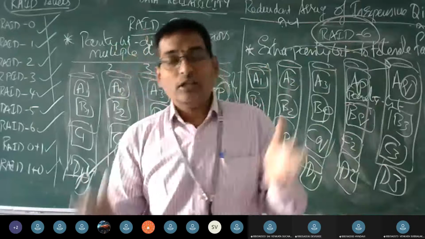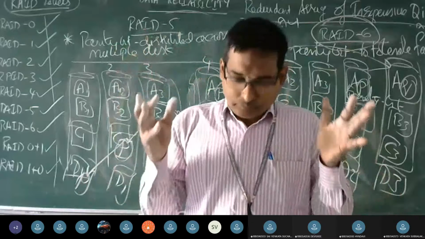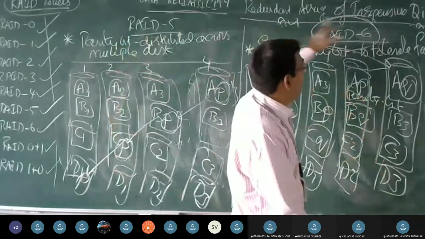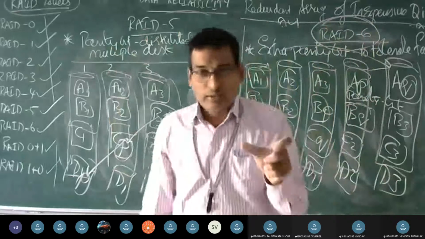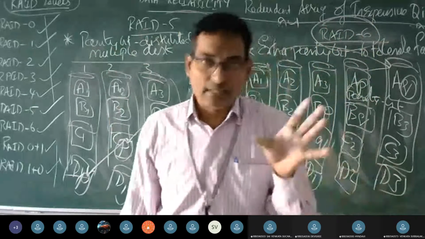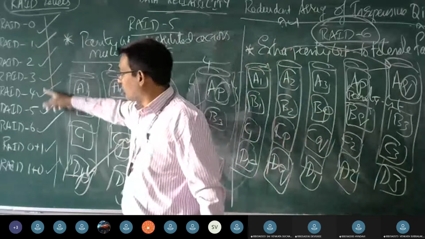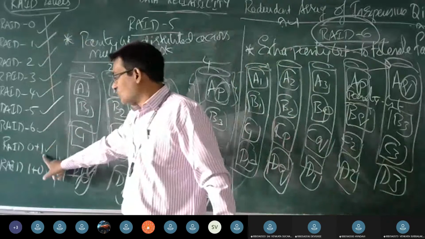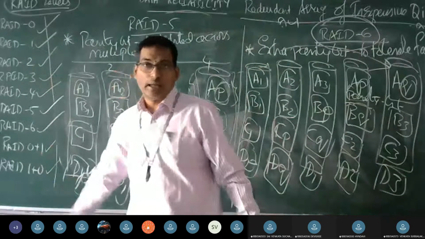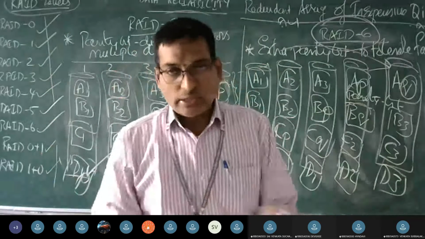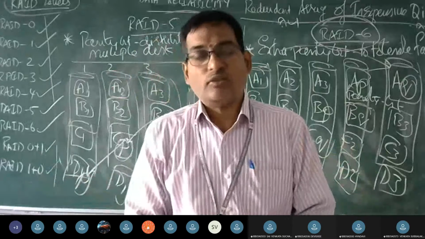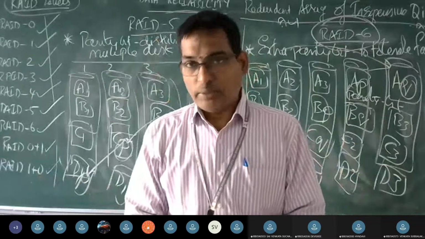I can manage with redundancy, a redundant array of inexpensive disks, whose short form is RAID. This RAID is organized in levels 0, 1, 2, 3, 4, 5, 6, and with 0 plus 1 and 1 plus 0. So that is how the primary focus of the RAID levels is taken up.